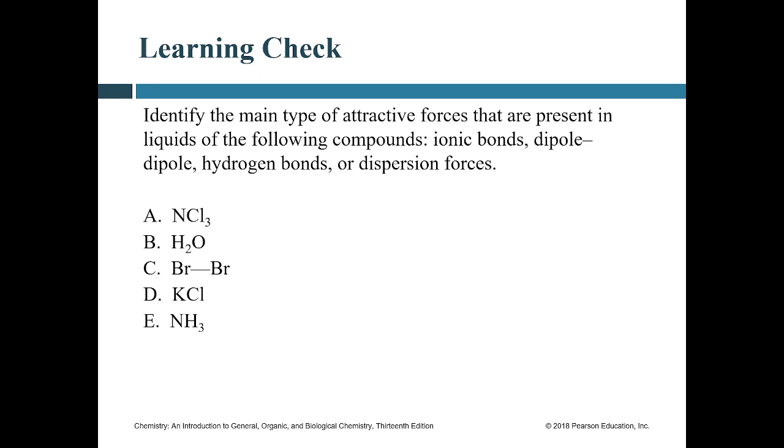The other ones are going to be covalent compounds. There's a selection of different ones. We have ionic and covalent compounds here. Ionic compounds are going to have ionic bonds. Covalent compounds can have the other ones.